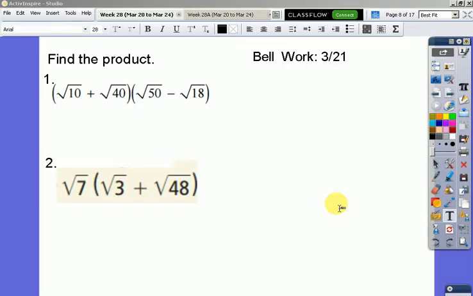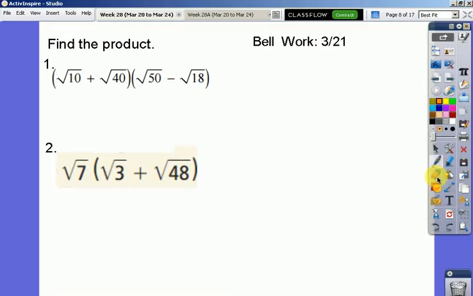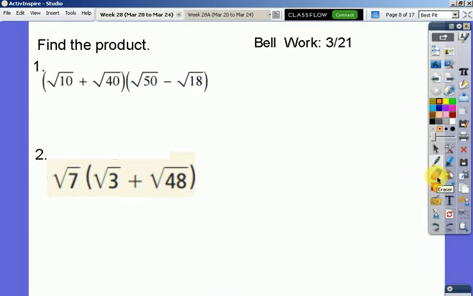So I'm going to go ahead and do that. I'm going to simplify everything first, and then I'm going to find the product. Square root of 10 is just 5 and 2, so that's just square root of 10 still. I'm going to write over here, so we have a little factor tree. I have 10 and 4, 5 and 2, 2 and 2.